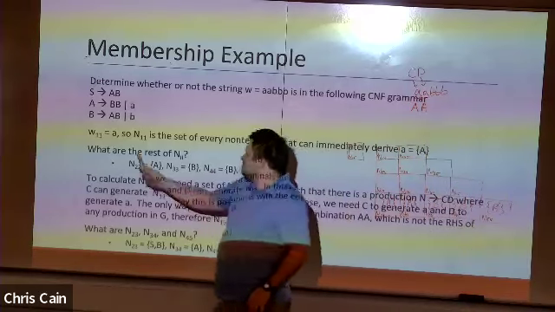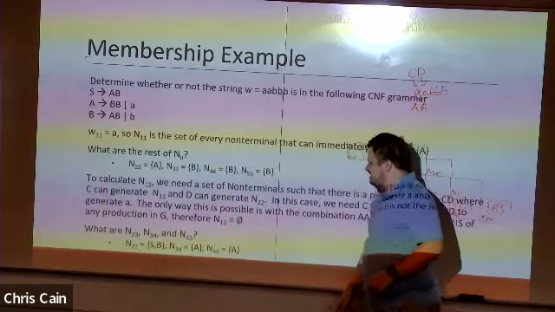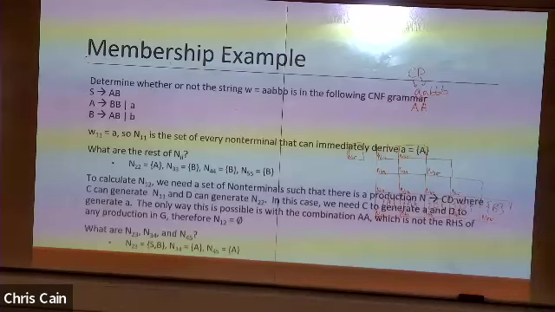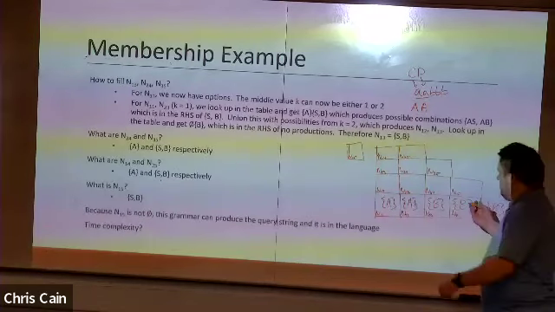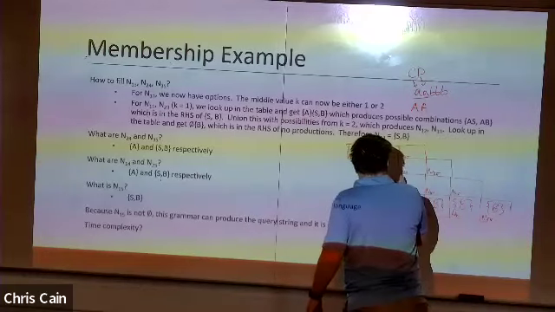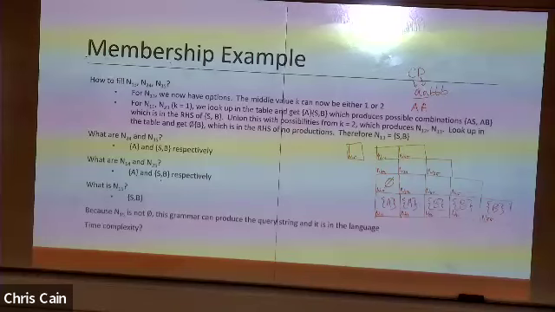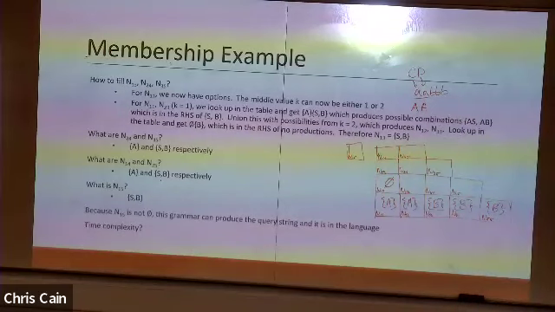Is there any such place that can produce AA? No, there is no such way to do this. So n12 is the empty set. There is no such production that can produce a left-hand side and a right-hand side that can make this two-character sequence AA.